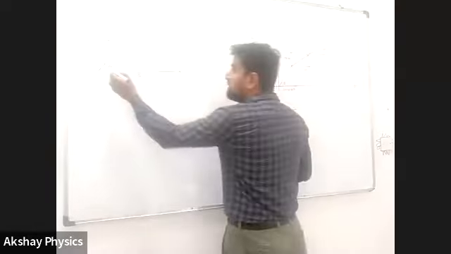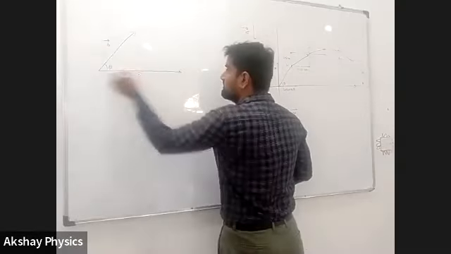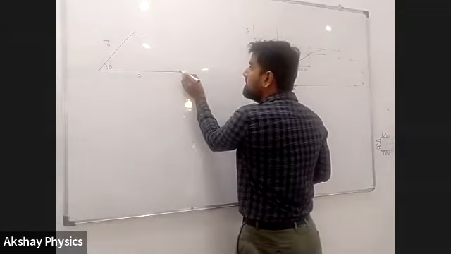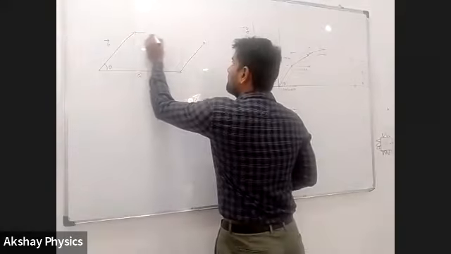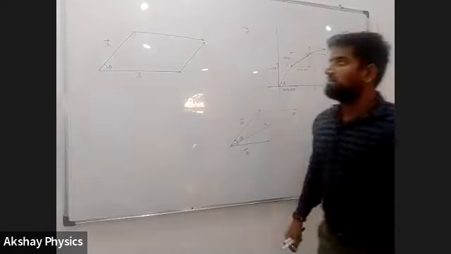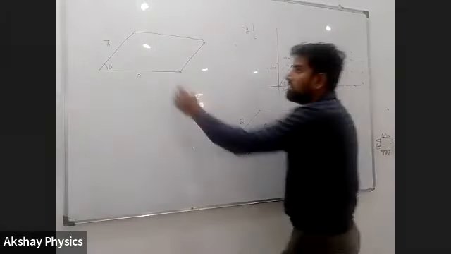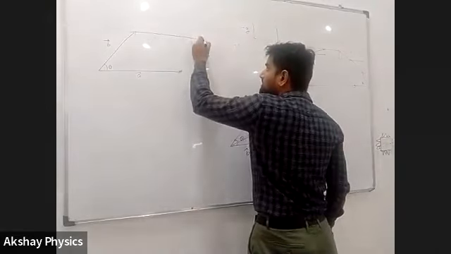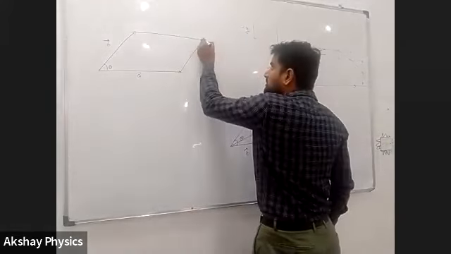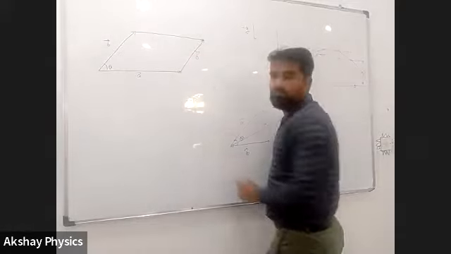If these are two vectors, then by making a parallelogram like this, if this is B, in the same direction I made this also, so this is also the B vector.